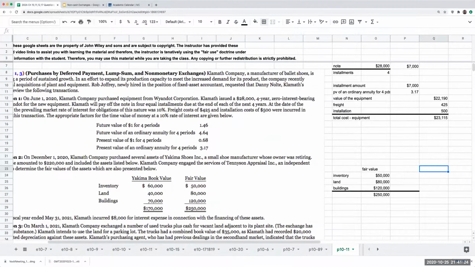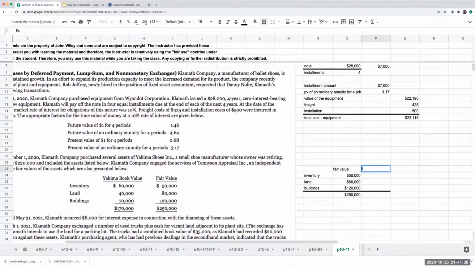Basically, I need to figure out what is the percentage of the total. So this is going to be 50,000 divided by 250, 80,000 divided by 250, and then 120 divided by 250. I multiply this by the purchase price, and this purchase price here is 220,000.